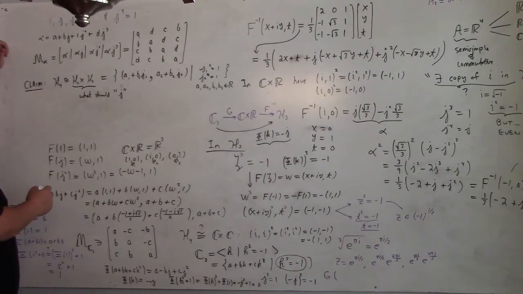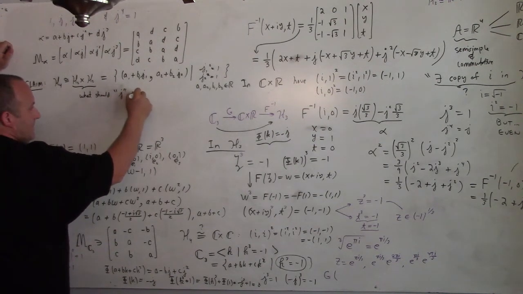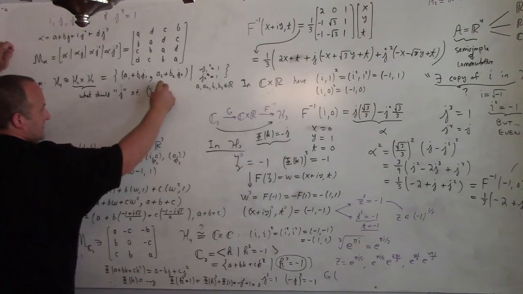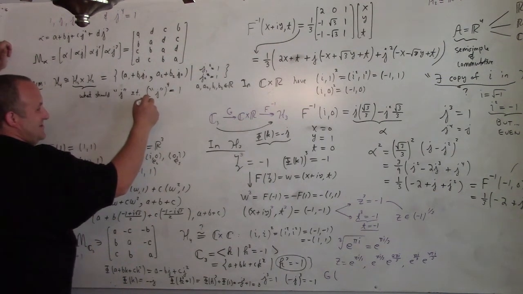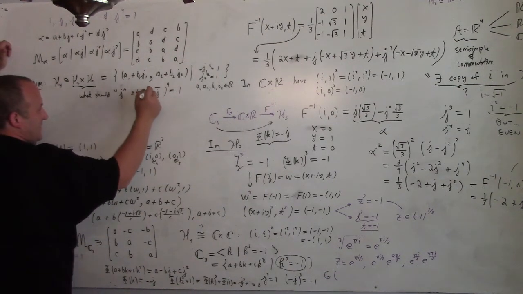So my question is, what should J be here such that, quote unquote, J to the 4th power is equal to 1? I'm really regretting this notation. We call it J bar, which is really not much better.